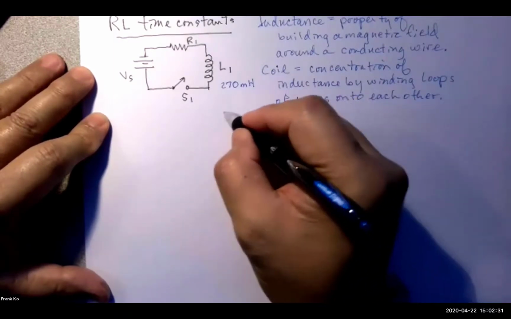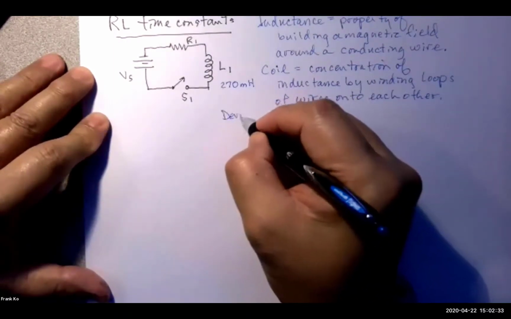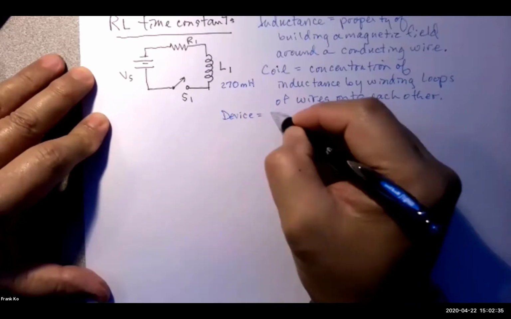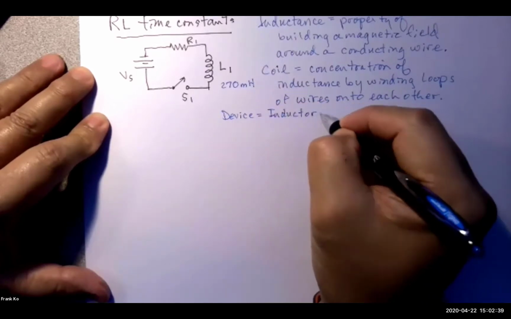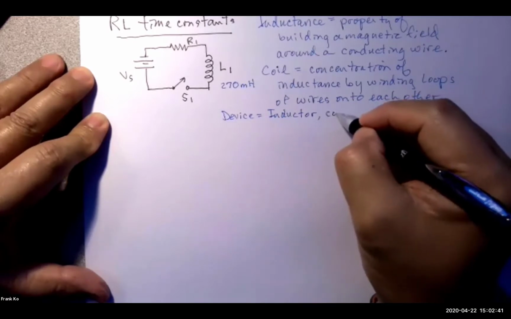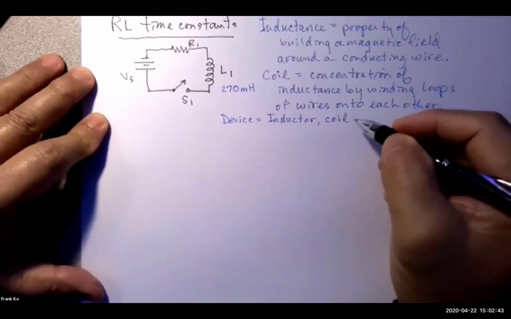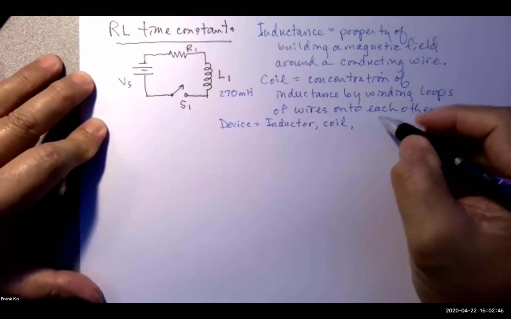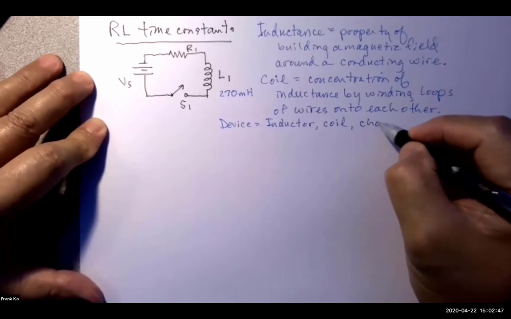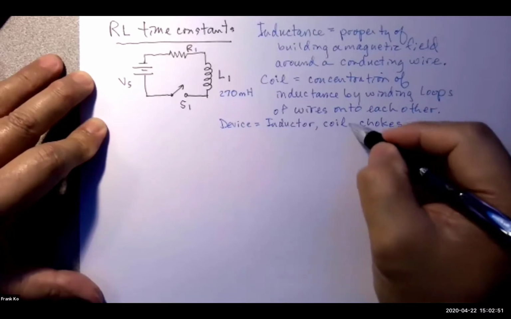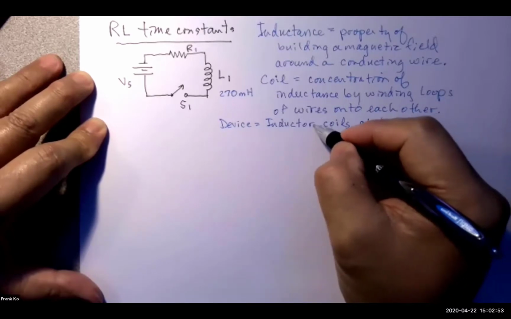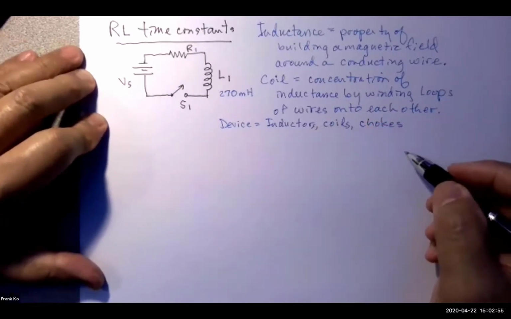The device that we're talking about, the actual device, is called an inductor. It has another name. It could simply be called a coil. It could also be called a choke. They're called chokes, coils, or inductors, okay? So those are the names of the devices.